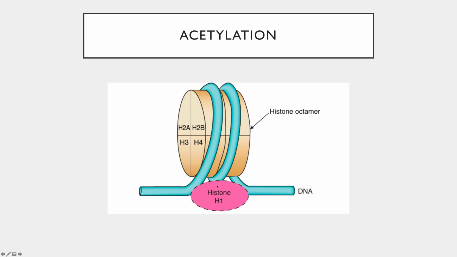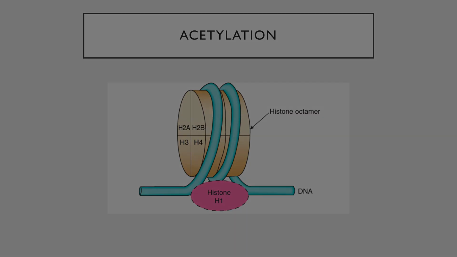When we acetylate the histone octamer core, this will decrease the positive charge on the histones and thereby decrease the affinity of the DNA for these proteins. This allows for the unraveling of DNA from the protein association, making the DNA locus more transcriptionally active.